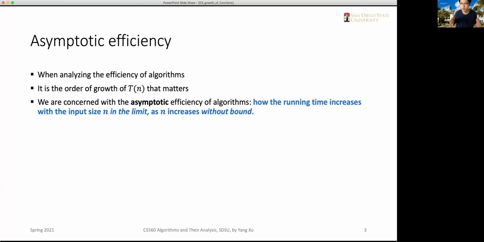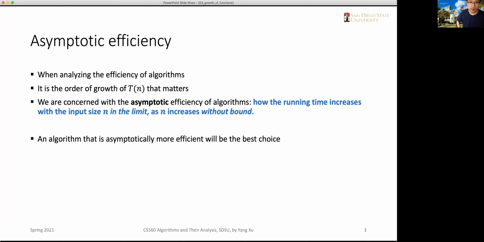We are not considering those special cases, but the general cases where the input can be infinitely big. If an algorithm is better when infinite input sizes are considered, then we say the algorithm is a better choice. If we don't consider input sizes that can grow infinitely, then our analysis is incomplete.